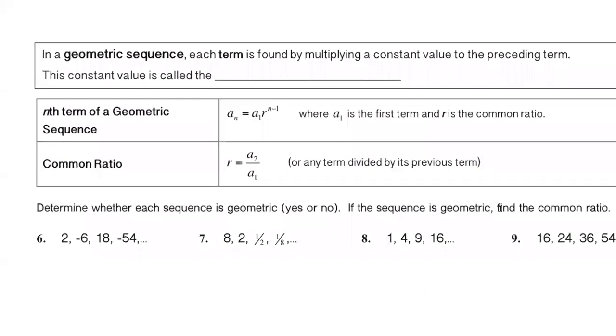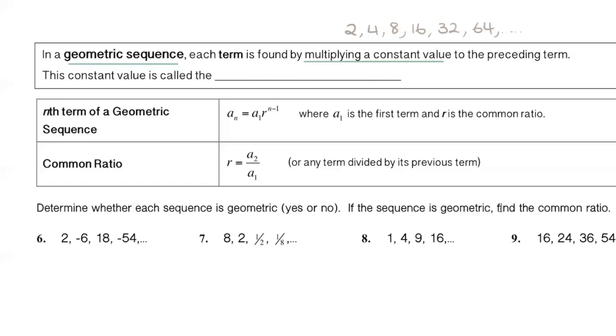Okay, let's move on to our second type of sequence, which is geometric. All right, so our geometric sequence here is similar, except instead of adding or subtracting to get to the next term, we multiply by a constant value. We multiply to get to the next term. So for example, a geometric sequence would be like 2, 4, 8, 16, 32, 64, and so on.